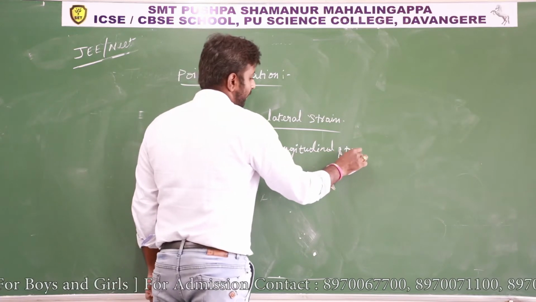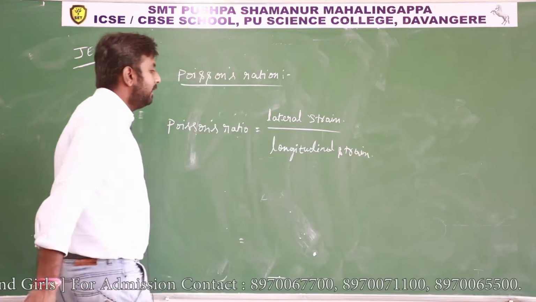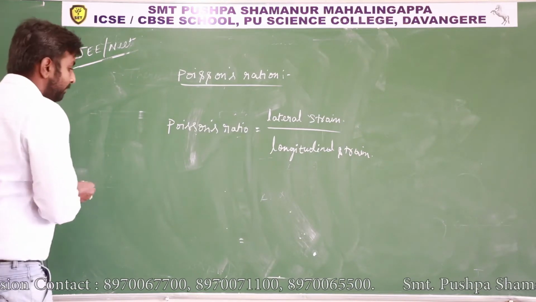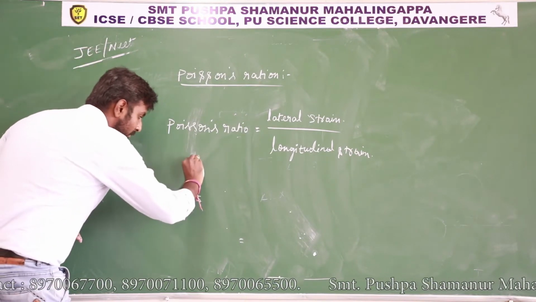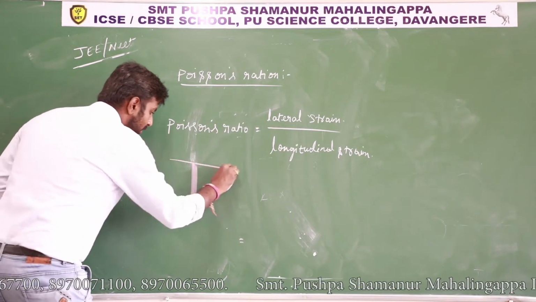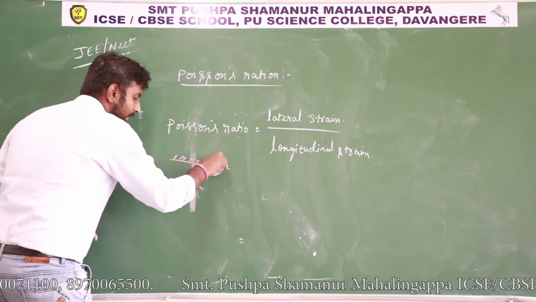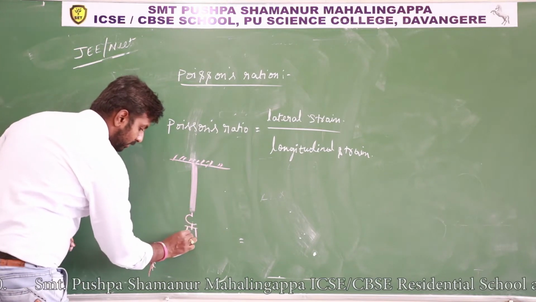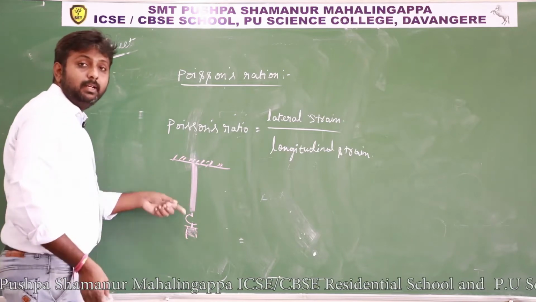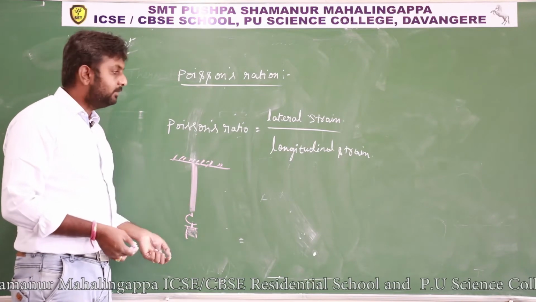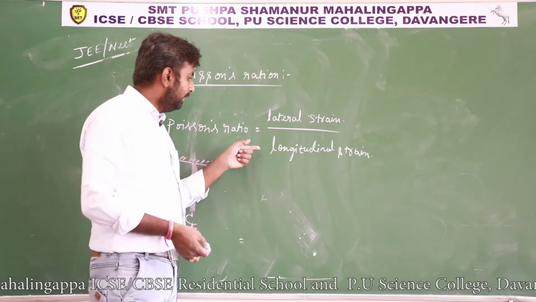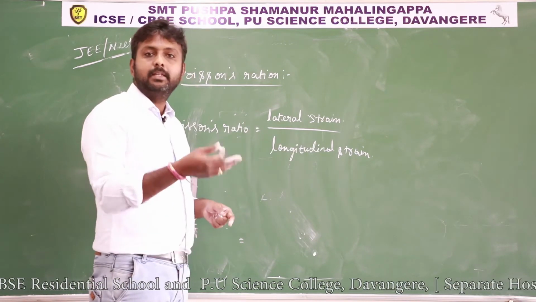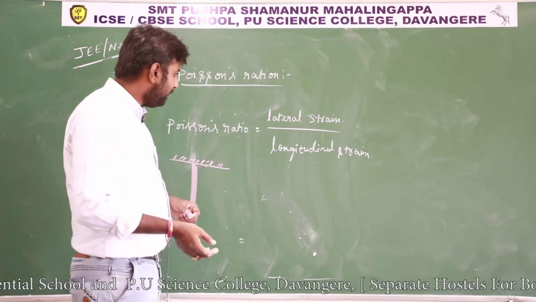What is meant by lateral strain and longitudinal strain? Again consider a rod suspended from the ceiling. If you add some weight to this rod, the length of the rod increases. We call this longitudinal strain, the change in length per original length.